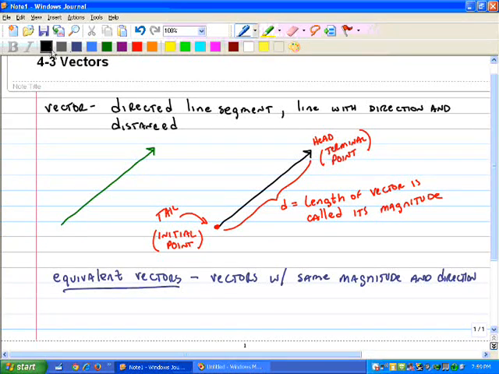A scalar is just a new word or another name for a constant or just a number. A scalar is not a vector. A scalar is just a number.